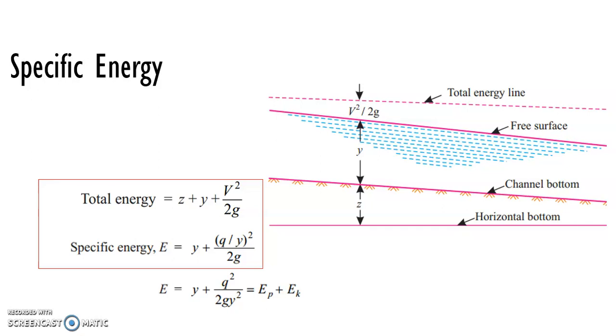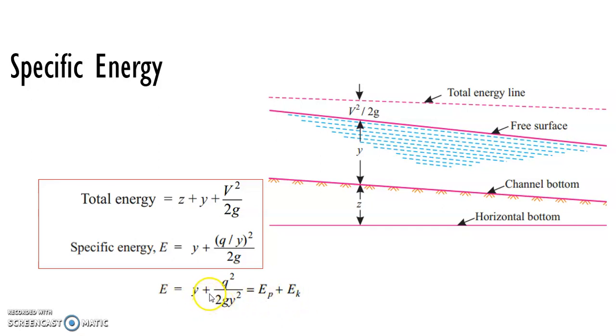The very difference between total energy and the specific energy, which you can identify here, is that in specific energy there is a term Z which is absent. Specific energy is always measured with respect to the channel bottom, where Z is always equal to 0, and it forms a sum of potential energy and kinetic energy.